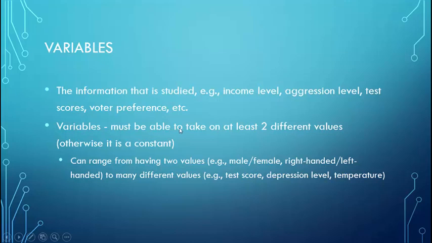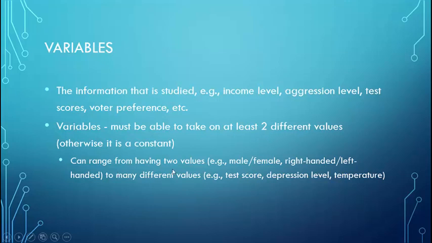If there's only one option, if there's only one choice, then we call that a constant. And we can't study it this way because our goal is to study variability, how people are different. So variables must be able to take on at least two different values.